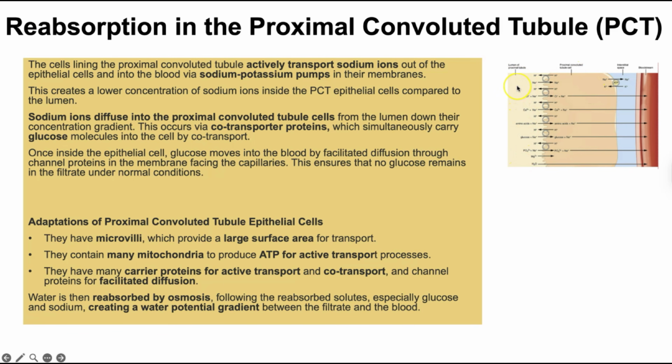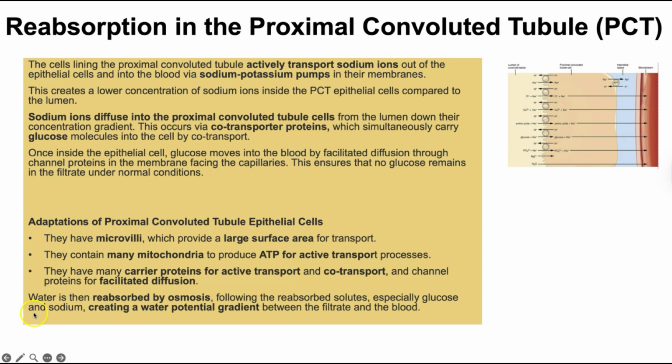And therefore sodium ions diffuse into the cells down their concentration gradient, but that has to be via a co-transporter protein which carries glucose with it as well. So that's how we get the glucose inside of the proximal convoluted tubule epithelial cells. And then once inside there, the glucose moves by facilitated diffusion into the blood, and that is how all of the glucose re-enters the bloodstream.